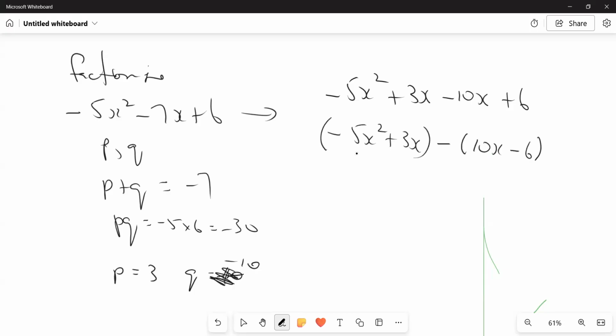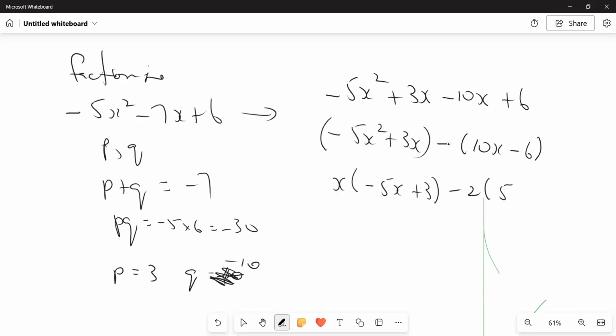So now what do I take out here? Only x is common. So I'll have minus 5x plus 3. Down here, take out 2. And you get 5x. What happened there? I have to take out x there. We forgot to change.